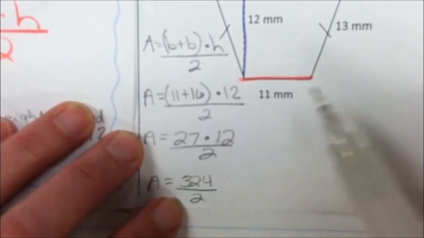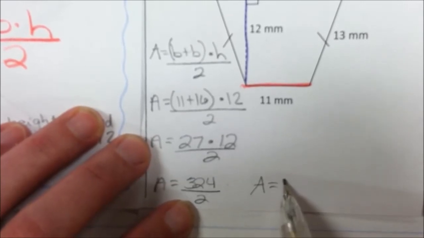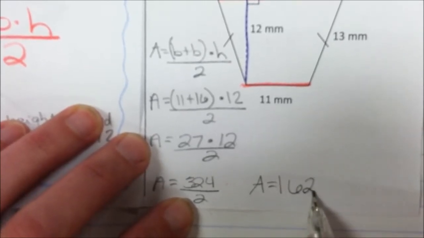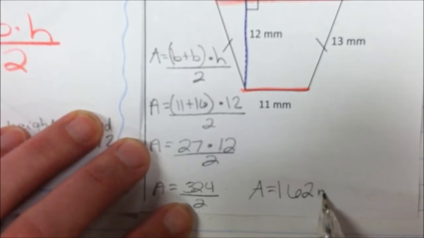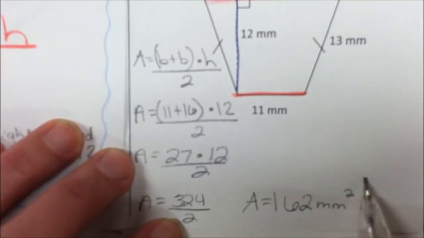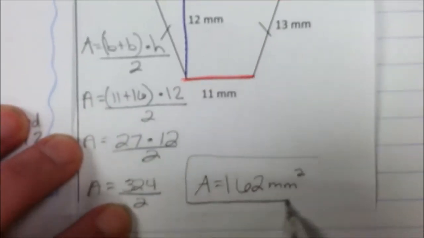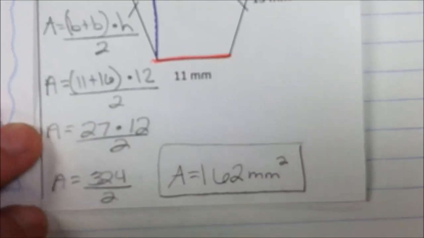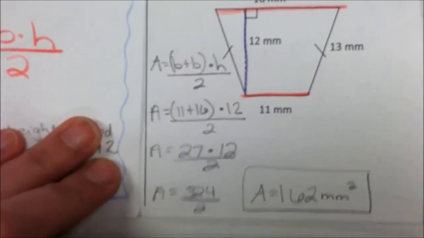You can do all the math in your calculator. 324 divided by 2, which is 162 millimeters squared. Since it's still area, you put the squared on the units. Okay, again, if you look back, you've got 1, 2, 3, 4, 5 steps.